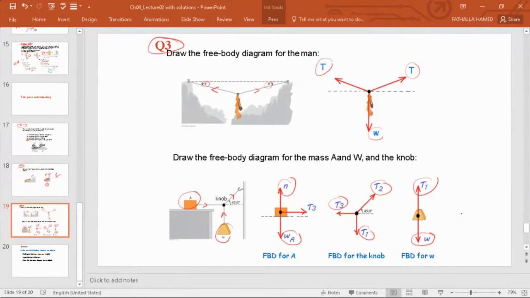You have a system here, but you look at each object separately within this system. And as I told you in a previous lecture, you can always choose X and Y for each object separately, and we'll do that in chapter number 5.